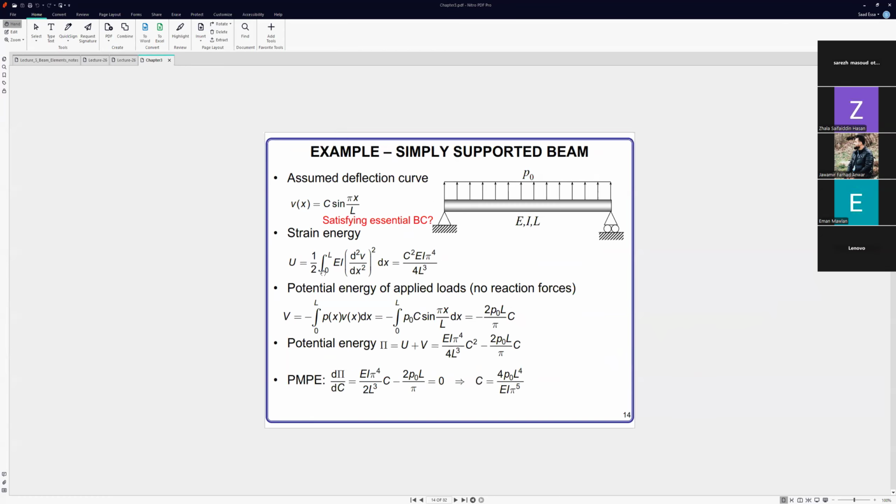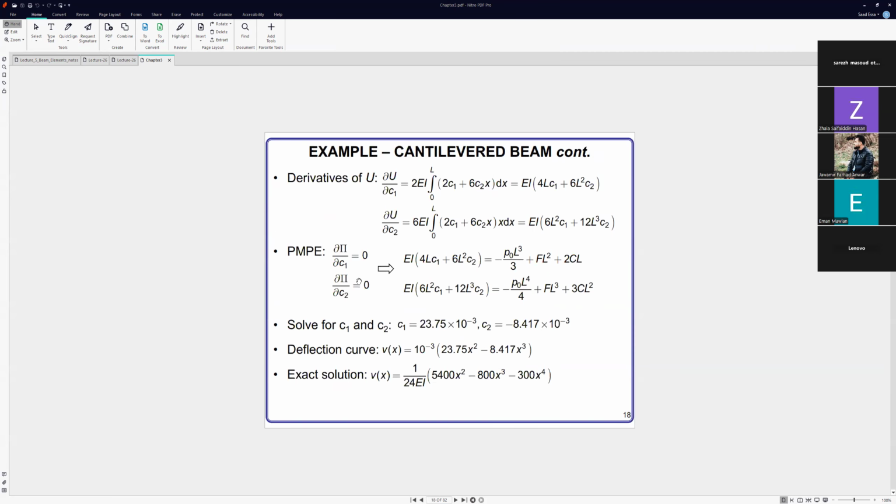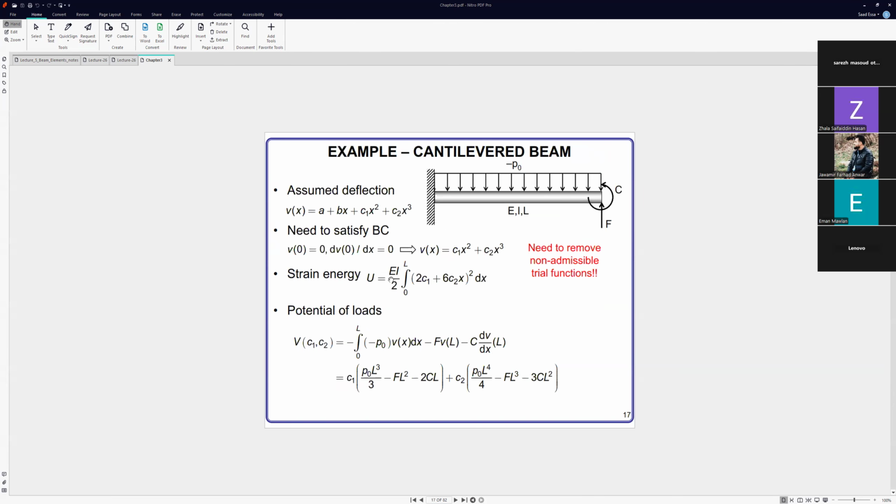This one: EI over 2, integral from 0 to L, of d squared v over dx squared. Now d squared v over dx squared will be 2C1 plus 6C2x. Please note, the coefficient is 6, not 3, for the x term. I'm sorry, so it is 3 times d squared v.